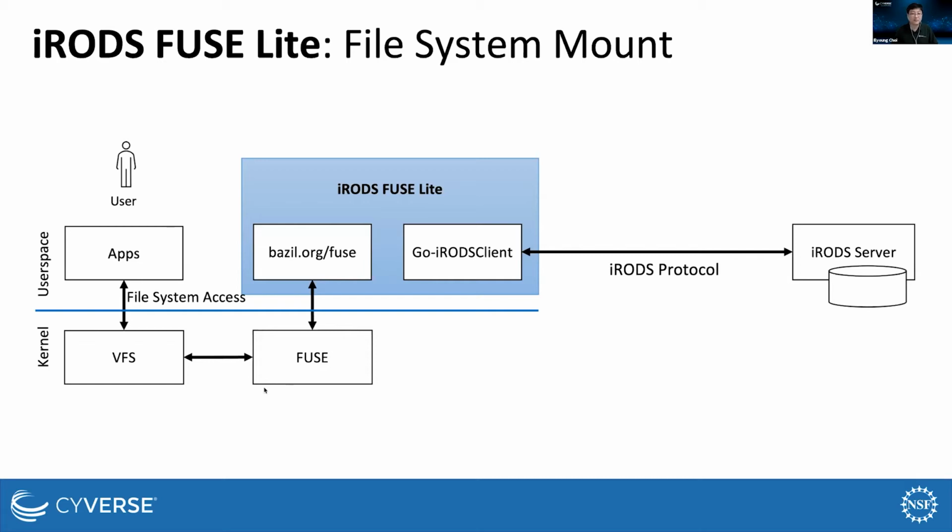So file system access on the mount points is sent to FUSE and passed to iRODSFUSE Lite, which implements the FUSE protocol. iRODSFUSE Lite uses the bazil.org FUSE library to communicate with FUSE. iRODSFUSE Lite also uses Go-iRODSClient for iRODS access. So iRODSFUSE Lite is a kind of thin client that wraps the FUSE interface and Go-iRODSClient.